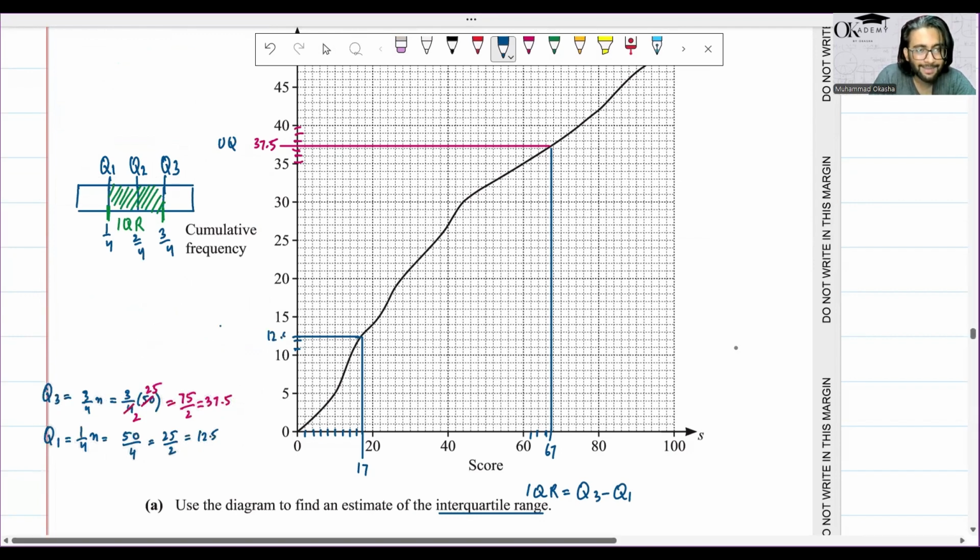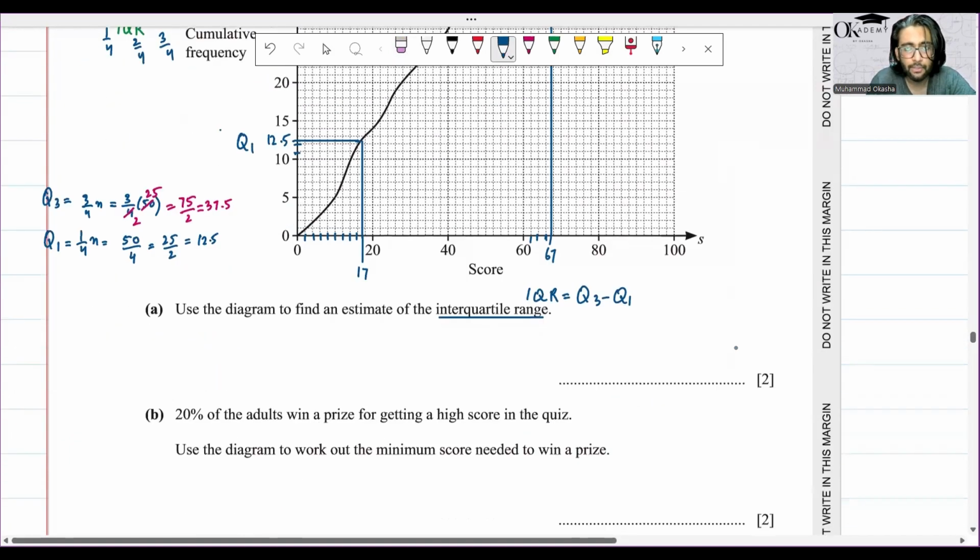Okay, so this is my upper quartile, this is my lower quartile. In other words, this is Q3 and this is Q1. So if you subtract their values, Q3 minus Q1 is 67 minus 17, you'll get 50. So this is the interquartile range. This is the IQR, right? Next.